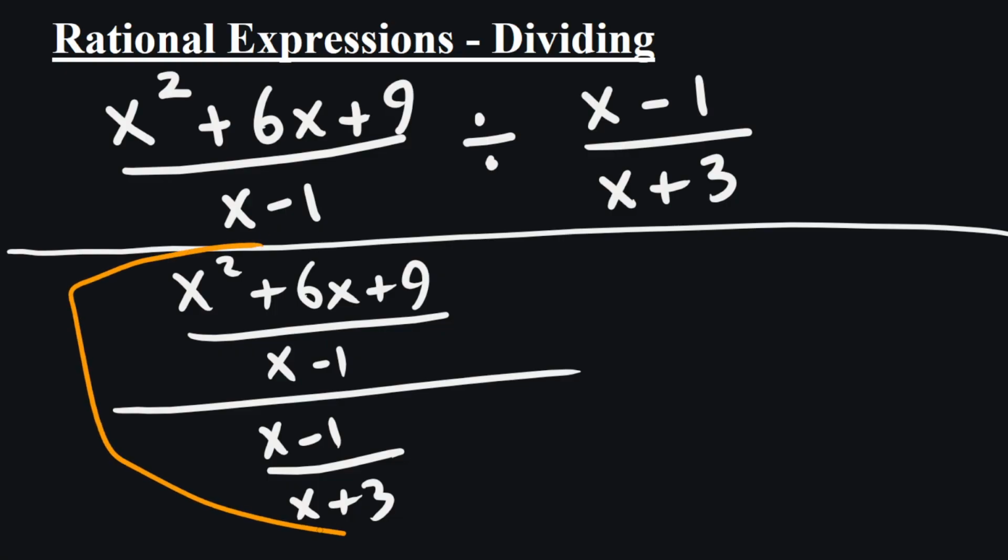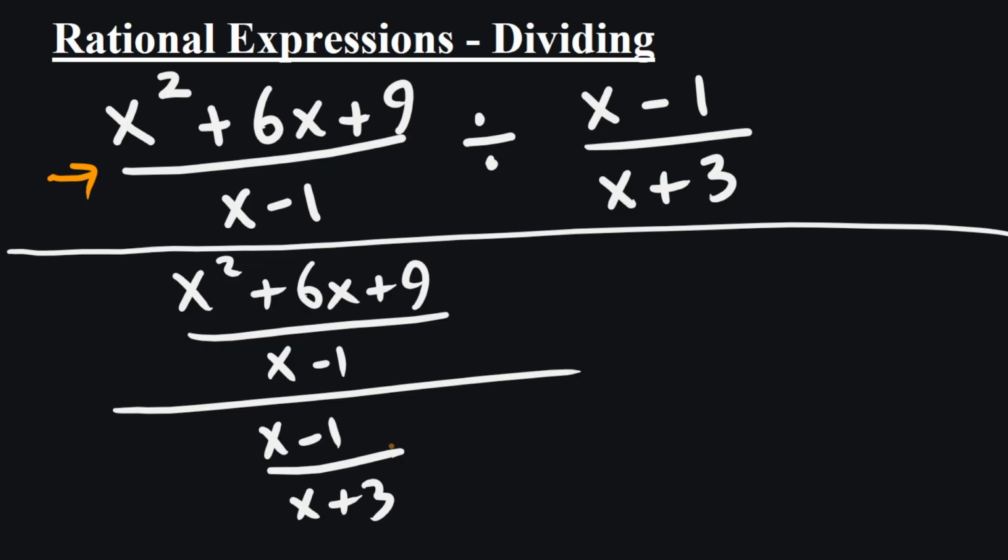You could have a complex fraction right here, with fractions in the numerator and fractions in the denominator. But this is essentially the same thing as the first one. They're just presented differently. Whenever you see it in this complex fraction form, all you have to do is turn it into a multiplication problem.